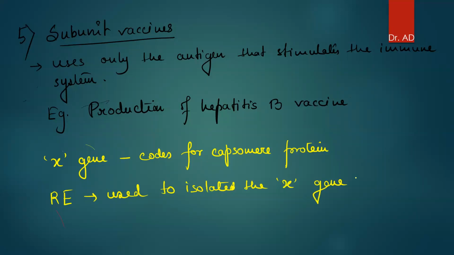This X gene is the one which is going to be loaded onto a plasmid vector.